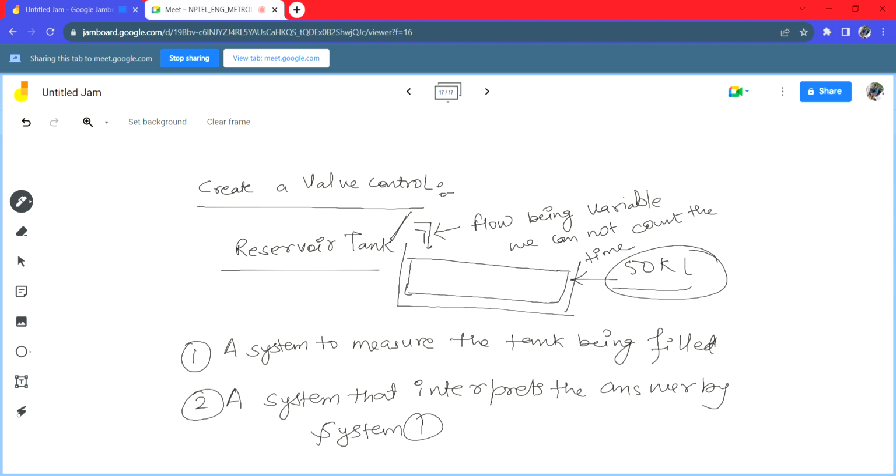And the third is a system to close or open the valve as directed by system 2.